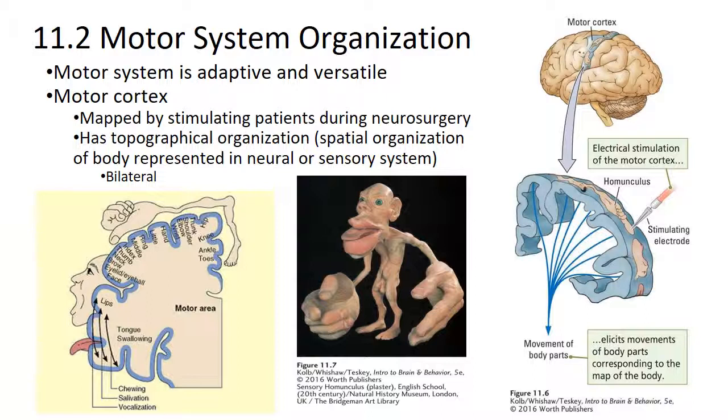The fingers are in order on the cortex. This is associated with the hand and the wrist, elbow, for example. So the body is mapped onto the cortex. This is also called a homunculus, which means a little man. So there's a little man mapped out on the motor cortex.